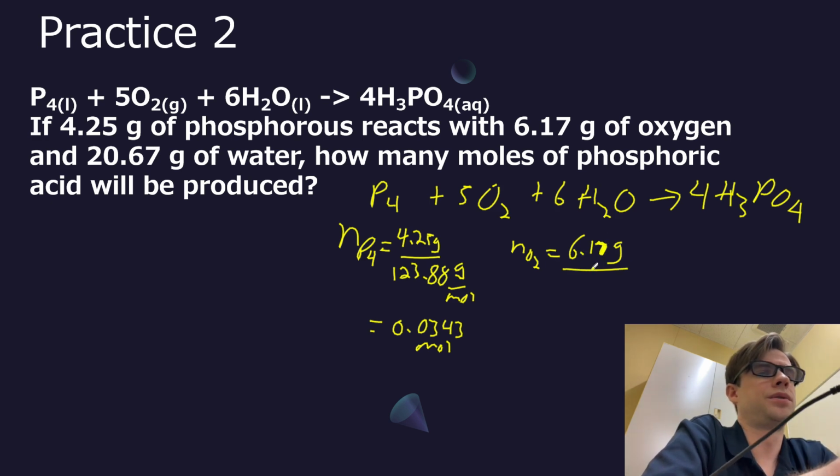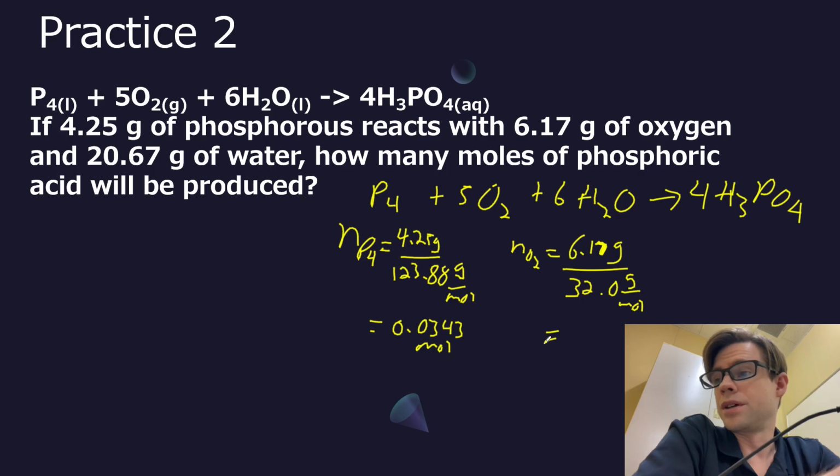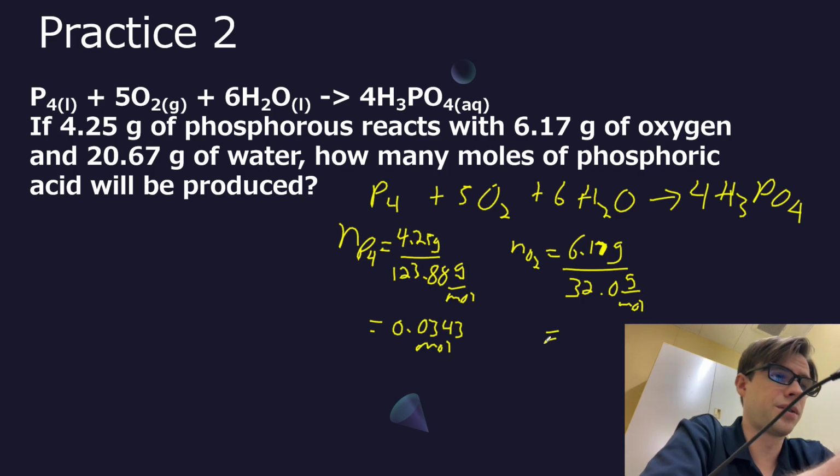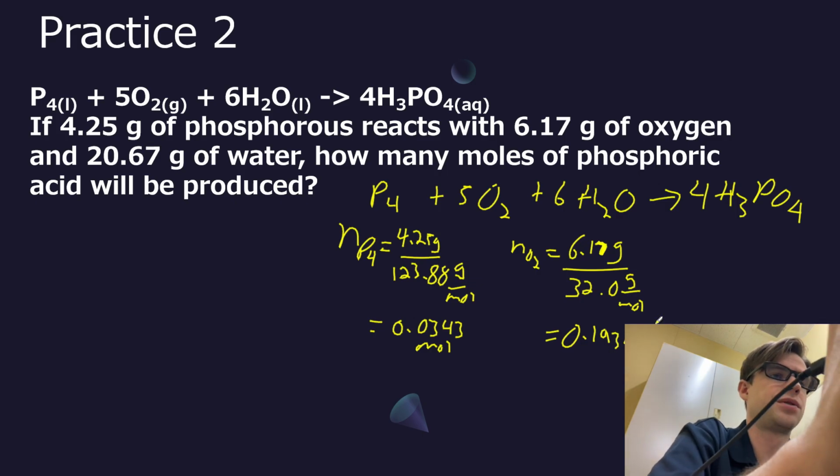Molar mass of O2 is 32.0. That's going to end up being about 0.193 mole. And then H2O as well, just to be safe.